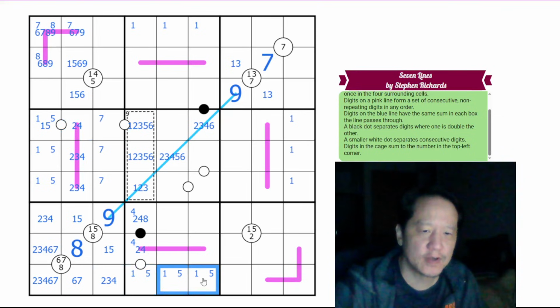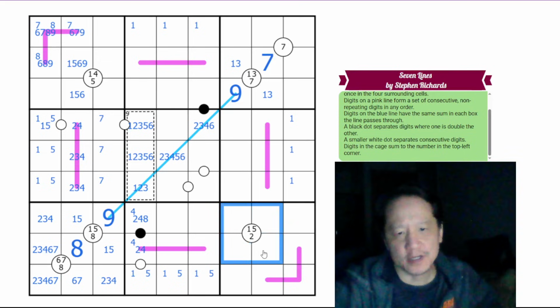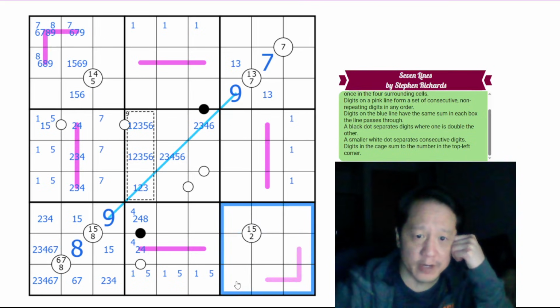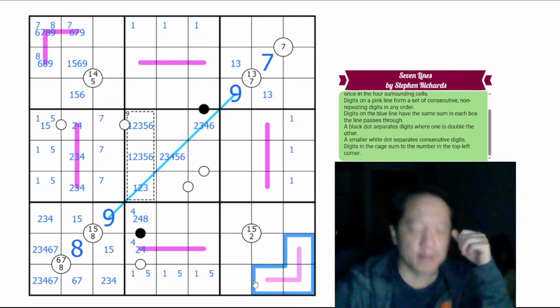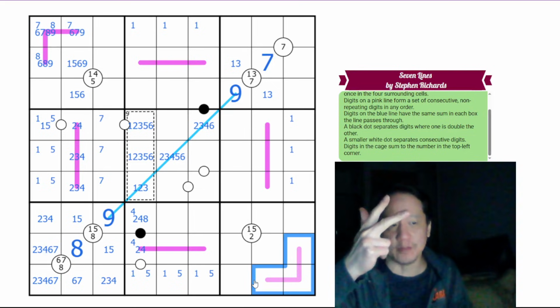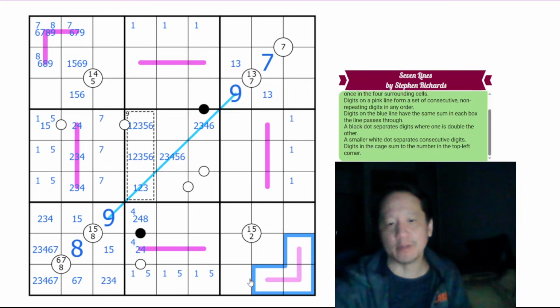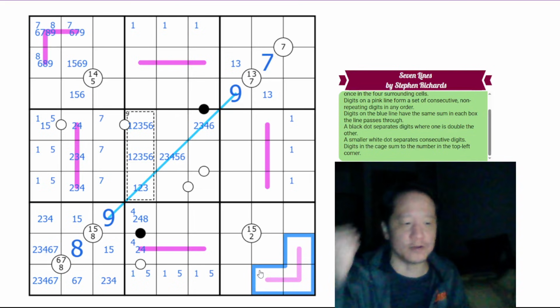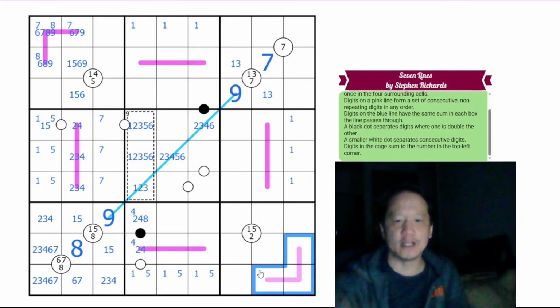Okay, this is 5. We have 1 or 5 here, and 2. So in this lower right-hand box, we also have a 3-length Renban without 1, 2, or 5 available. So that means 3, 4 cannot be part of this. So again, this must be either 6, 7, 8, or 7, 8, 9.